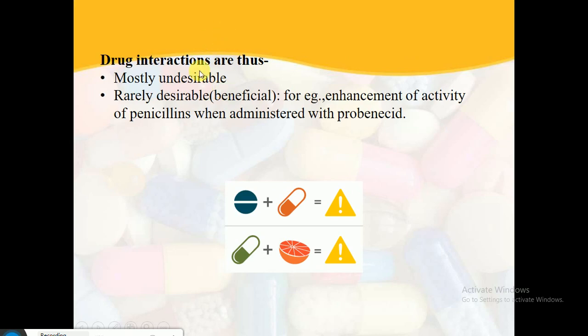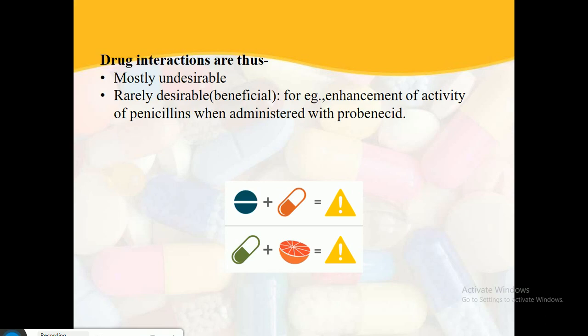Drug interactions are thus mostly undesirable. Some interactions are predictable, and some are unpredictable. Unpredictable ones occur, for example, when two drugs are used at the same time, and then we observe different changes and modifications.